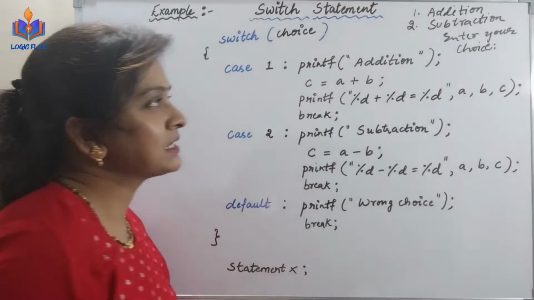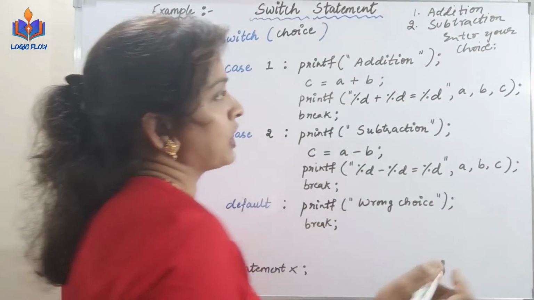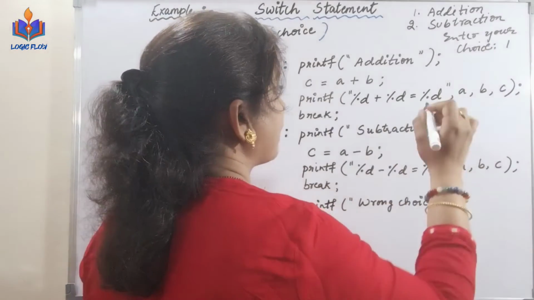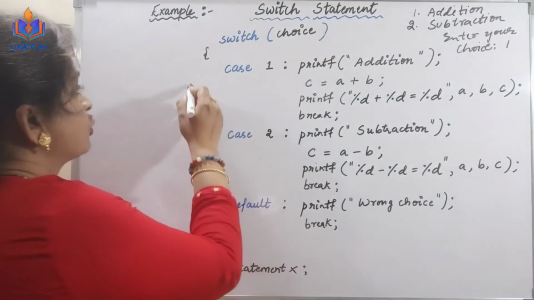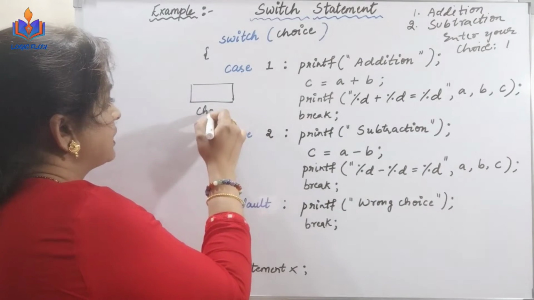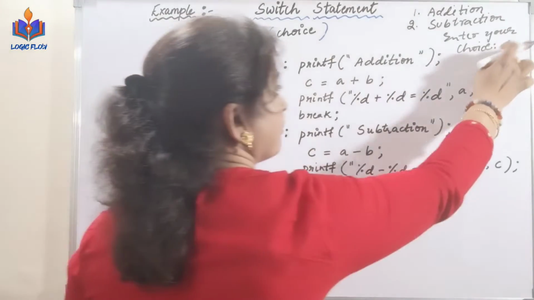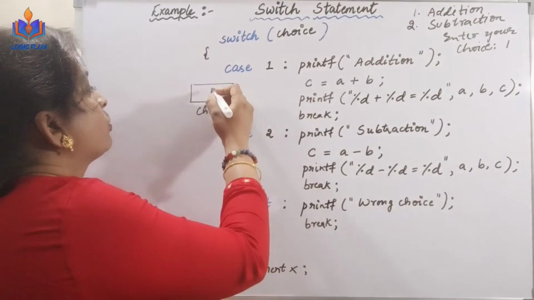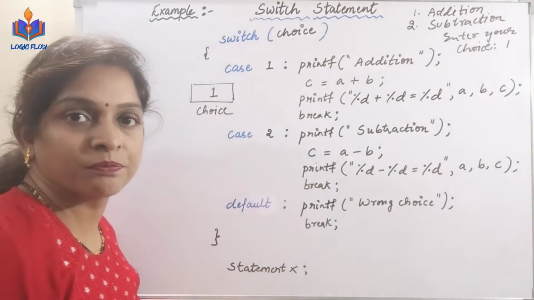As soon as I see the choice, I say I want to perform addition, so I'll give the choice as 1. Let us assume we have a variable by name choice. Choice is an integer variable that is taking that input value. So I have inputted the value 1, and that value will go to this choice.